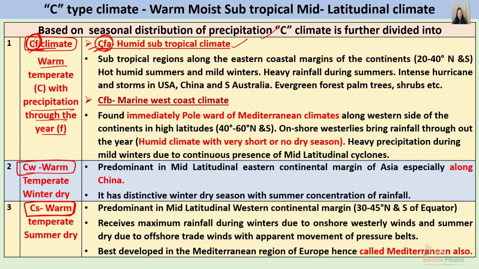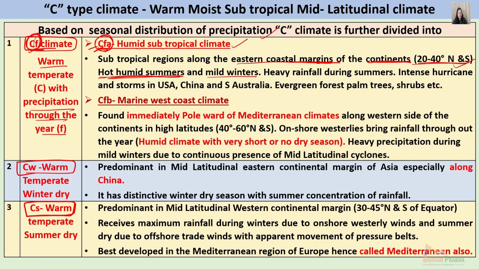So CFA, humid subtropical climate, is prevalent along the eastern coastal margins of the continents, particularly extending between 20 to 40 degree latitudes in both hemispheres. So naturally you have hot humid summers and mild winters.